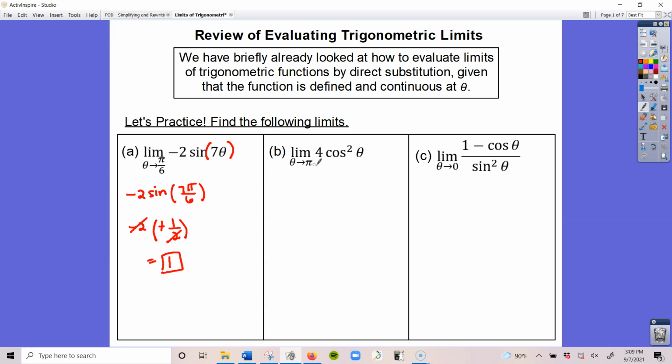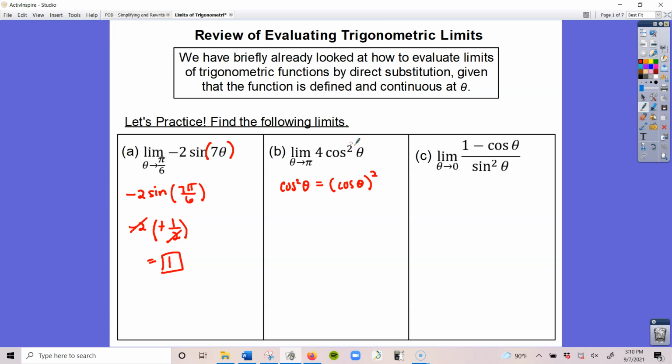For this next one here, we have the limit as theta approaches pi of 4 cosine squared theta. Now, just so you understand what cosine squared is, cosine squared is the same thing as saying cosine of theta, squared, where everything is being squared. So that's just saying that we have two cosines, cosine theta times cosine theta.